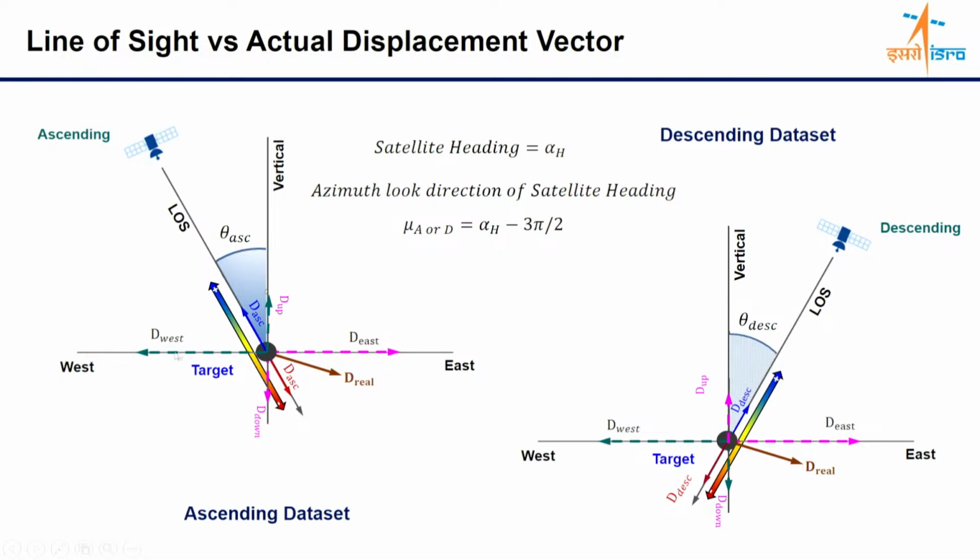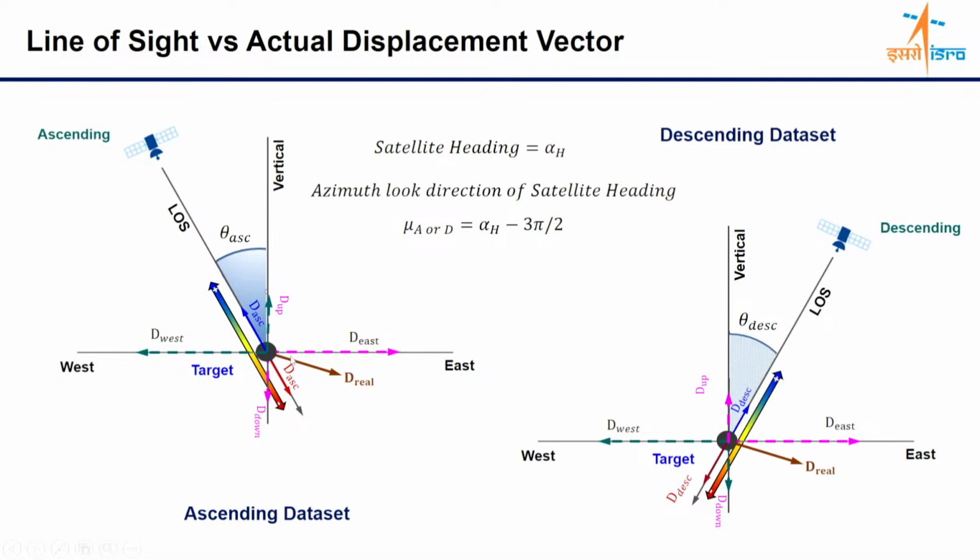You can see this x axis is representing the east west direction, and the north south direction is somewhere like this. Just assume the three dimensional space. The east west and the north south directions are both in the horizontal plane. And the third axis is the vertical axis, the perpendicular of this horizontal plane.